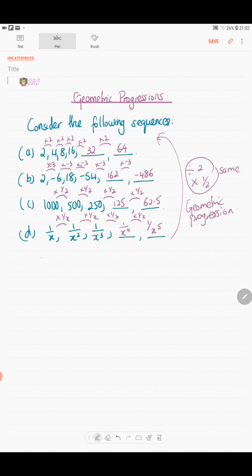And this constant multiplier is called the common ratio.